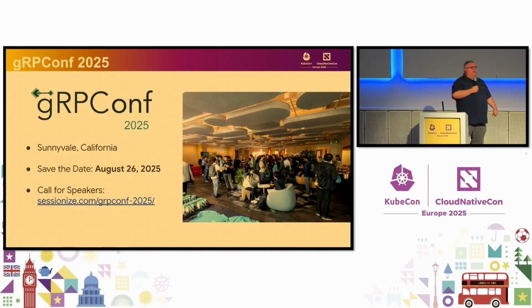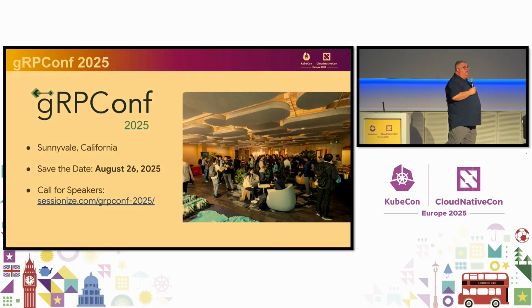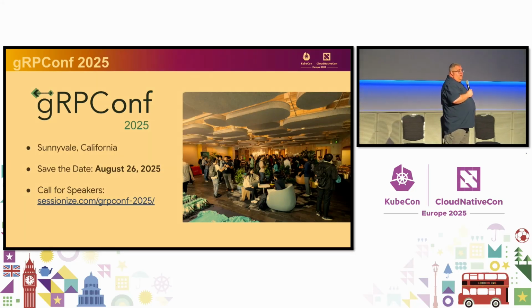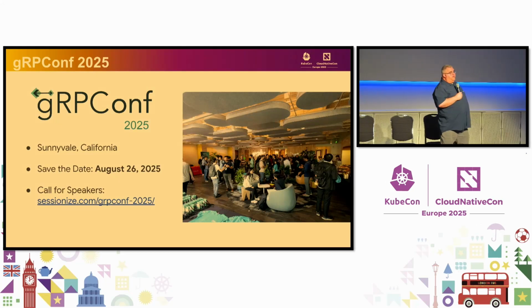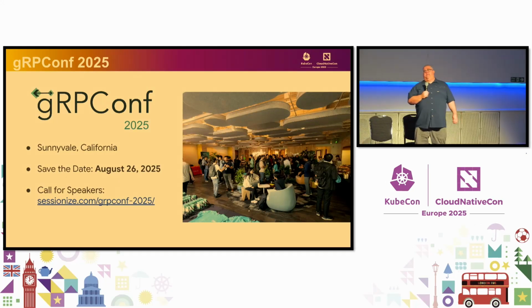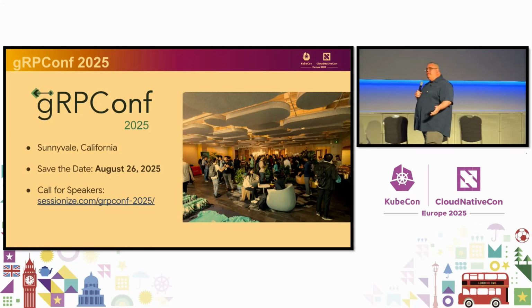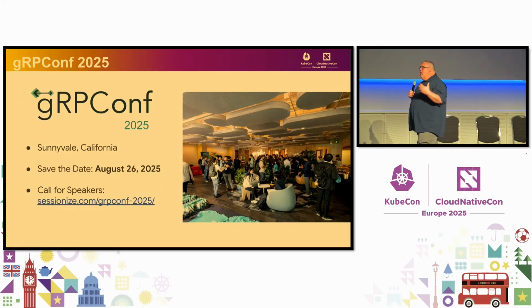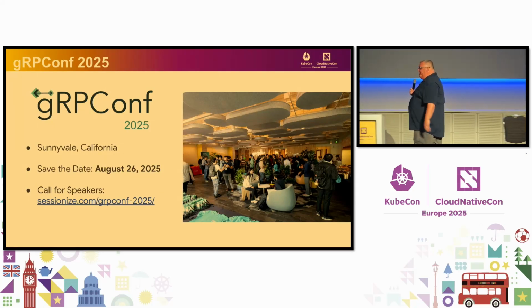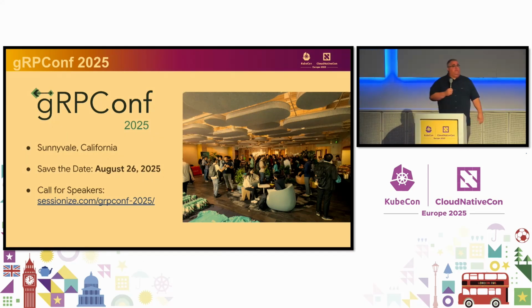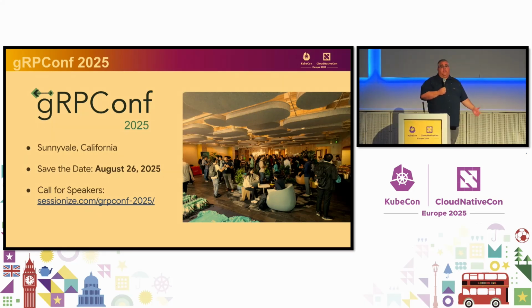I mentioned the gRPC Conf. We run a big conference at the Google Cloud headquarters in Sunnyvale, and the date is August 26th, and we just opened the call for speakers a couple days ago. And so if you are a gRPC user and you want to come and talk about ways you're using gRPC in your application, or if you are one of the folks submitting code for the project, we would love to have you be part of the call for papers.